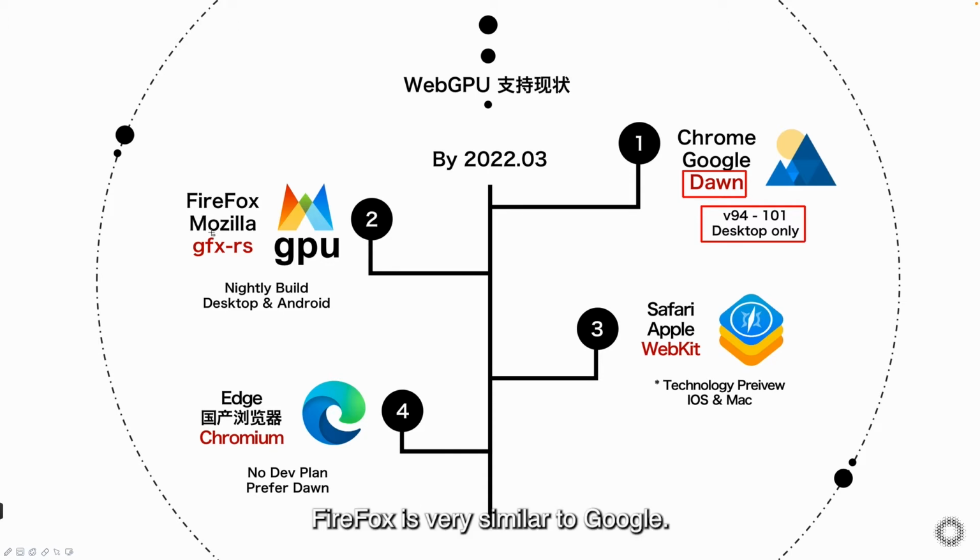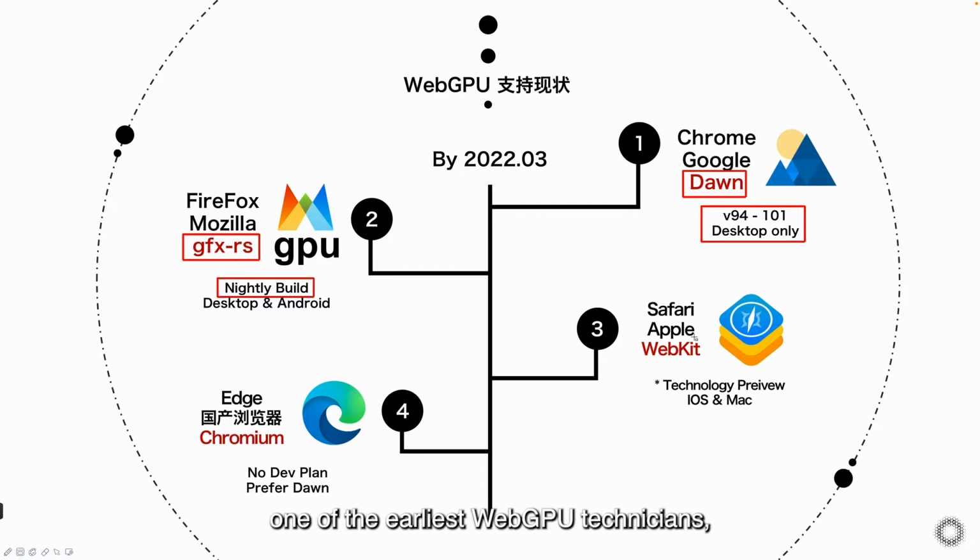Firefox is very similar to Google. It also set up a GFX-rs team to start a project to adapt Firefox to WebGPU with Rust. The Nightly build version, which is their developer preview version, provides support for WebGPU on both desktop and the Android mobile system.